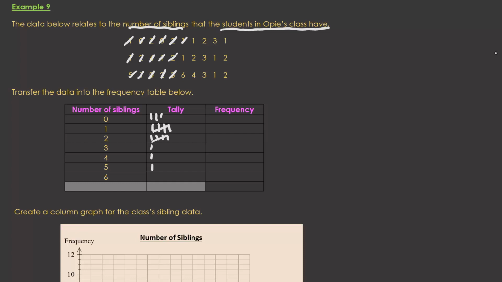A 1, which makes a block of 5, another 1, and a 6. Another 1, another 2, a 4, a 2, a 3.